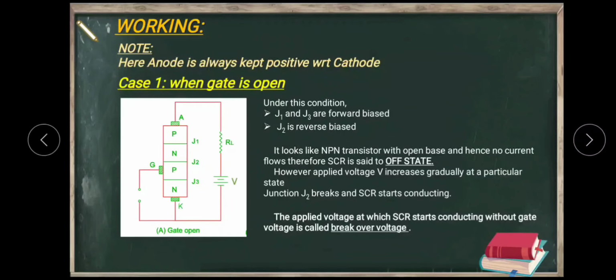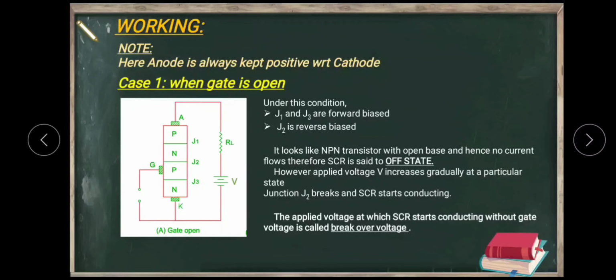Is it clear? So case 1, when the gate is open: there are 3 junctions, J1, J2 and J3. With the gate open, J1 and J3 are forward biased and J2 is reverse biased. In this case the SCR looks like an NPN transistor with open base.